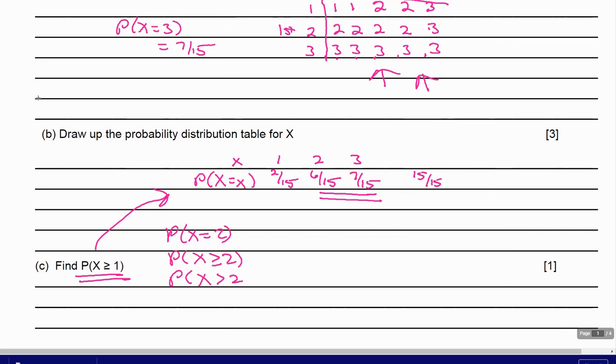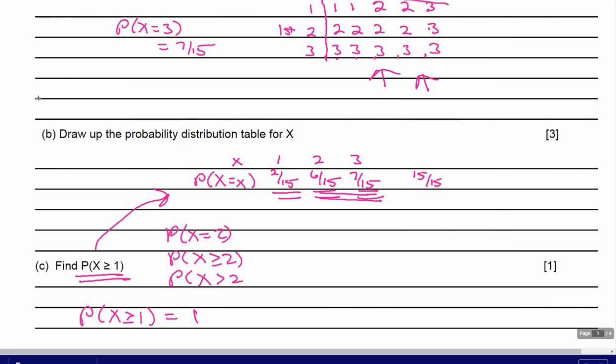Now look at this one. What's the probability of being greater than or equal to 1? It's this plus this plus this, which is equal to 1. It's 100% chance that my random variable will be 1 or bigger than 1, because the only possibilities are 1, 2, or 3.